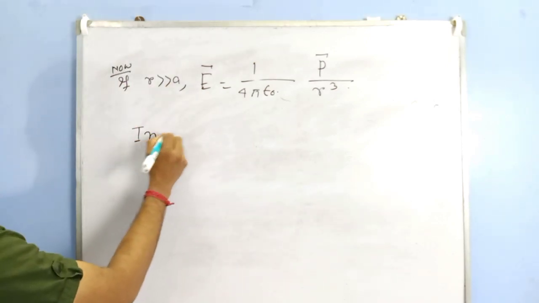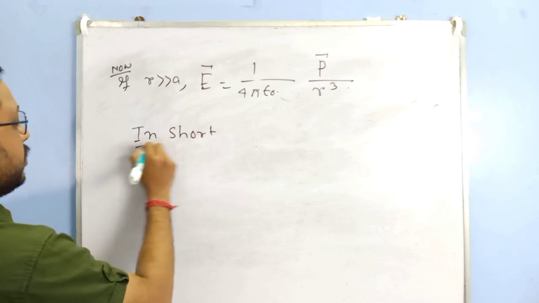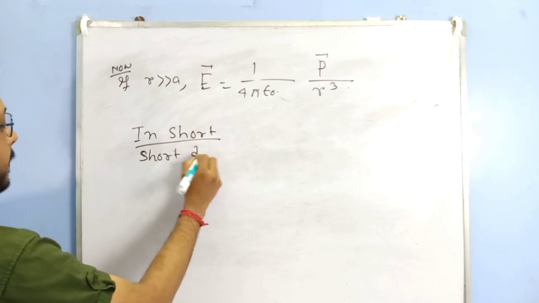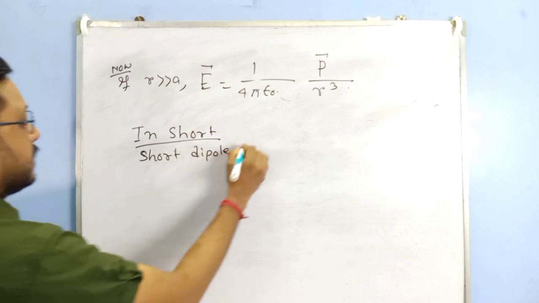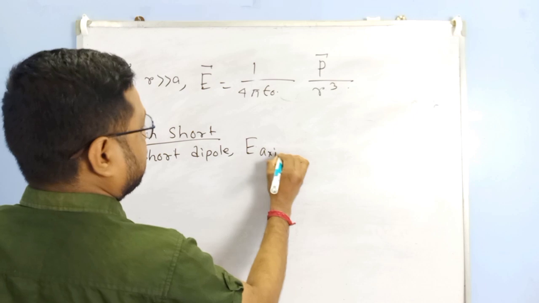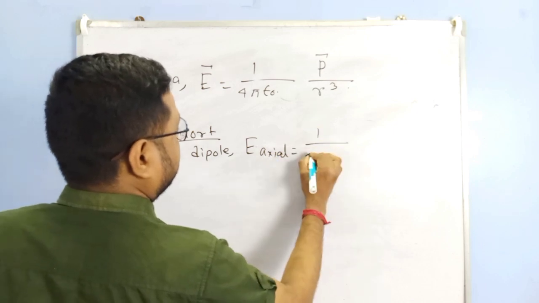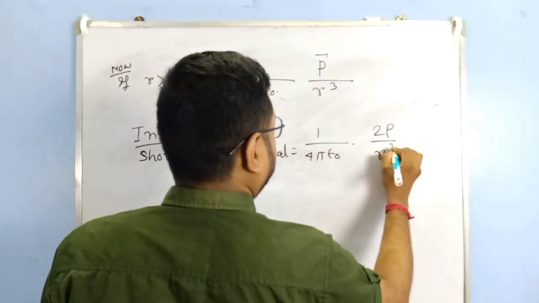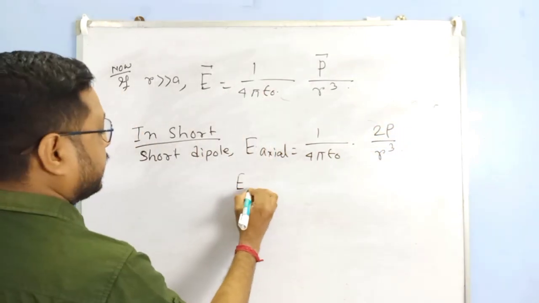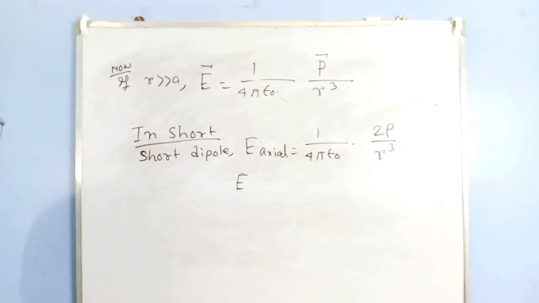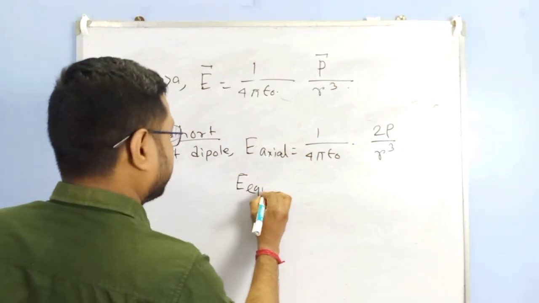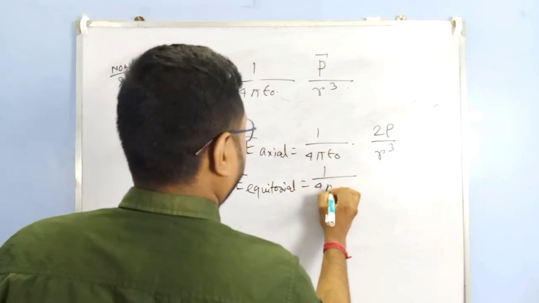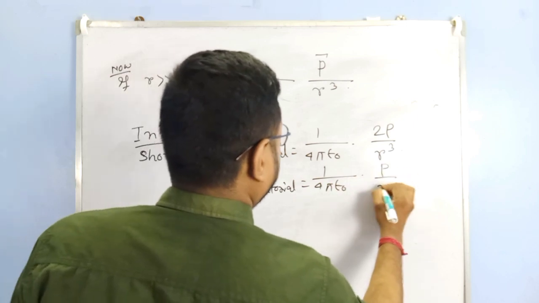Okay. So in short, we can get that for a short dipole, E axial equals 1 by 4 pi epsilon naught 2p by r cube, and E bisectoral or equatorial, we can get 1 by 4 pi epsilon naught p by r cube.